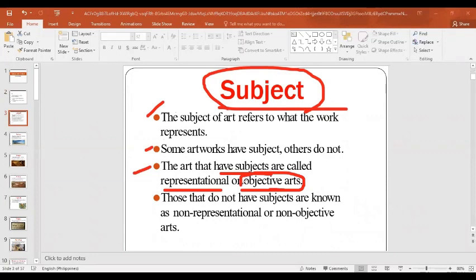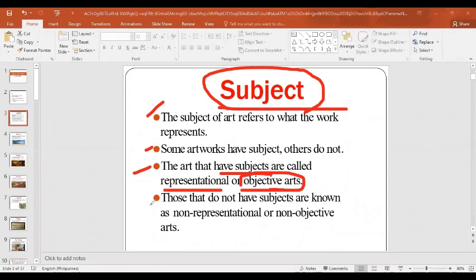Meaning to say, common sense na makikita mo agad, obvious na makikita natin doon sa art piece or artwork. Example, again, yung painting ni Leonardo da Vinci, na Mona Lisa. Pwede natin siyang i-example sa objective art. Why? Kasi meron siyang nire-represent.